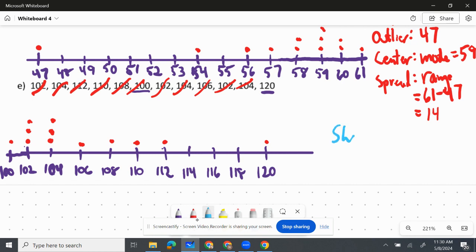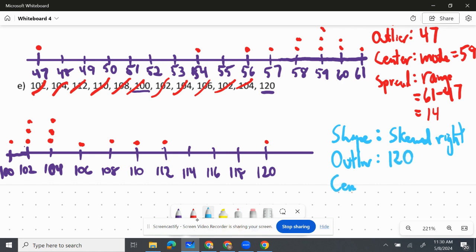So when we're looking at our shape, we see that it's skewed right because it's more spread out on the right-hand side. And our outliers would be just 120. Our center, it's bimodal again.